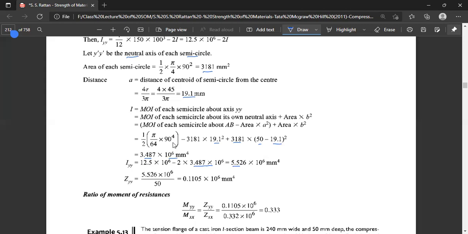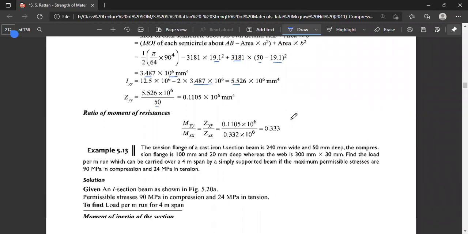So ZYY, the section modulus about the y-axis, is the moment of inertia about the y-axis divided by the distance of the maximum fiber of the section, which is half of the width, 100 by 2, equal to 50. So ZYY is equal to 0.1105 times 10 to the power 6. For the ratio of the moments of resistance, MYY to MXX, we put both values of ZYY and ZXX: 0.1105 times 10 to the power 6 divided by 0.332 times 10 to the power 6, equal to 0.333. That is the ratio we wanted to calculate.